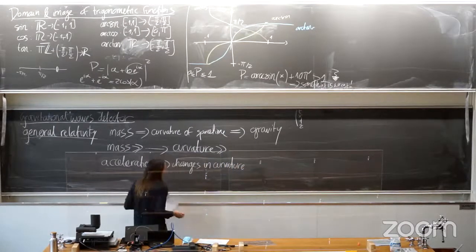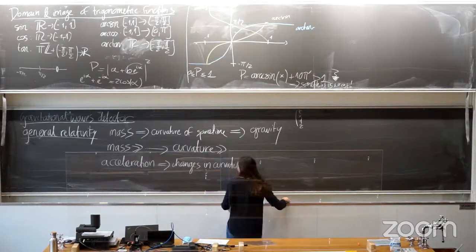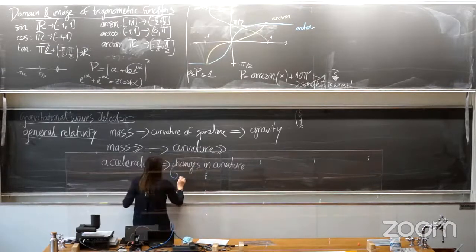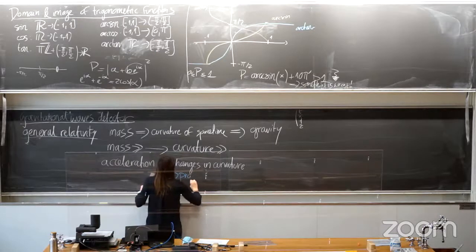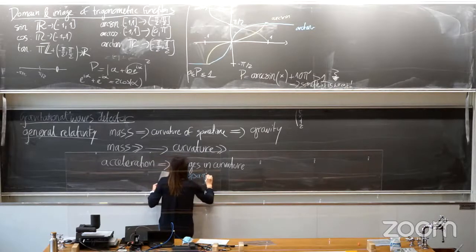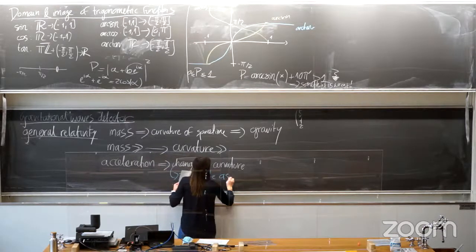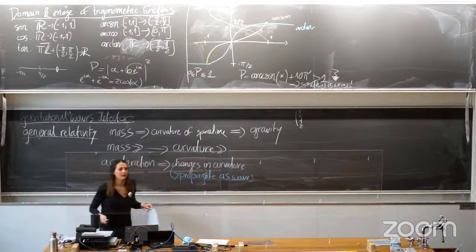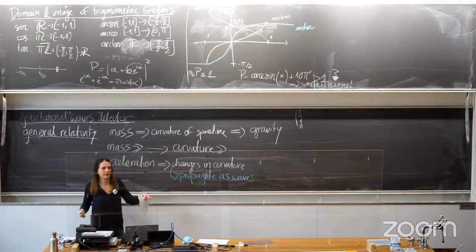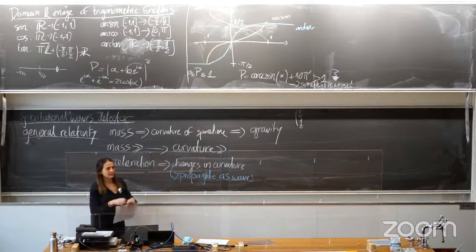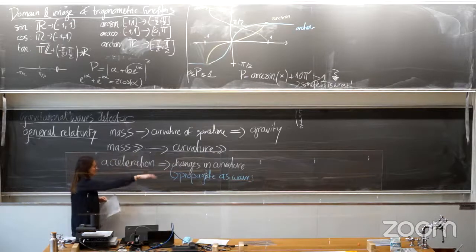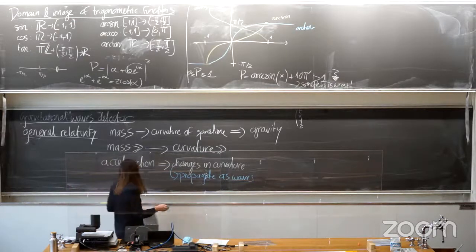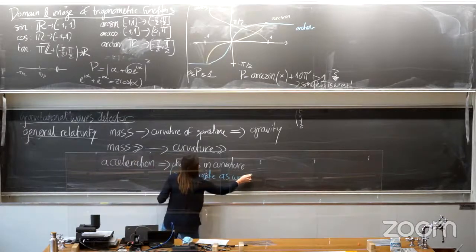And these changes propagate as waves. They have a wave behavior. Curvature changes really go as waves. And these are called gravitational waves.